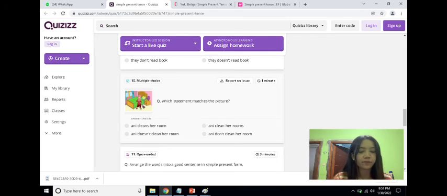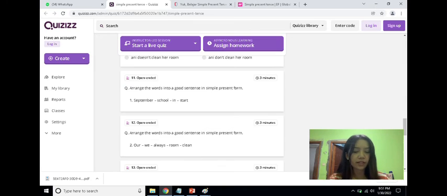Number 10. Look at the pictures. Which statement matches the picture? The answer is Annie cleans her room. Number 11. Arrange the words into a good sentence in simple present form.